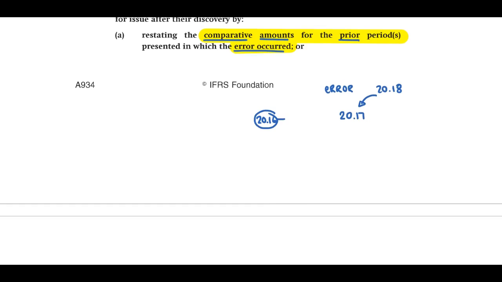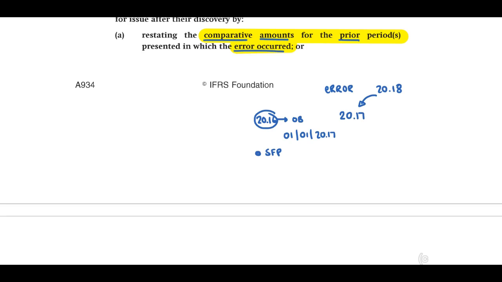But this will have an influence on our opening balance. Therefore, we need to correct our opening balance on the 1st of the 1st, 20.17 in terms of our statement of financial position line items, not accounts, guys.